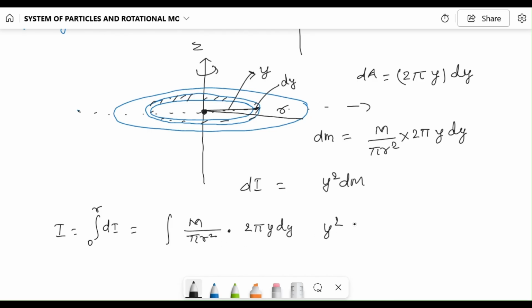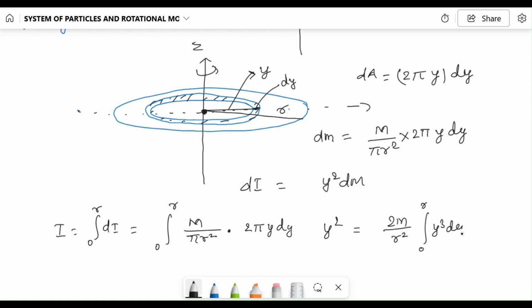We can take constants outside, and of course this is within the limit of 0 to R. So we can take this m, and pi will be cancelled out, 2m by r square outside, 0 to R, and then we will have y cube dy inside the integral sign.